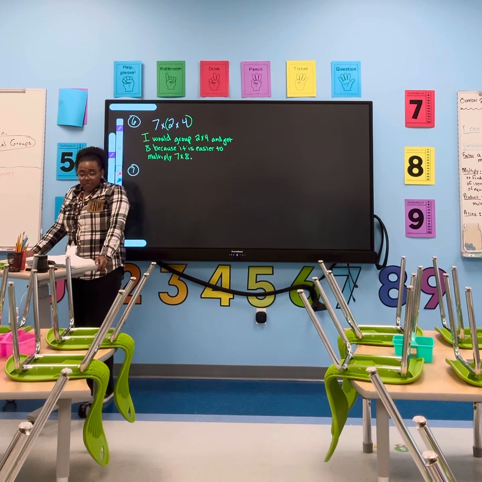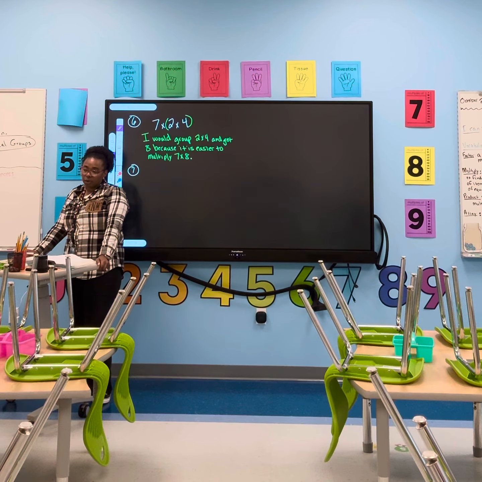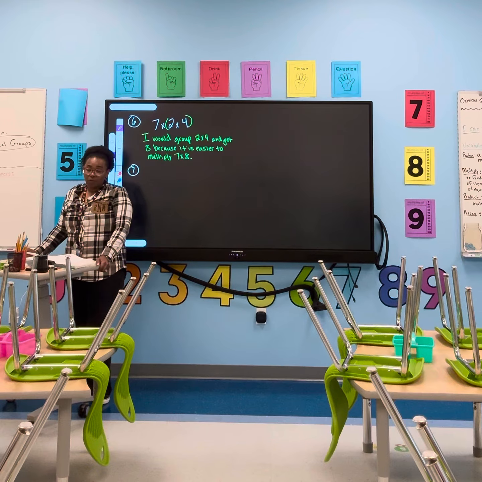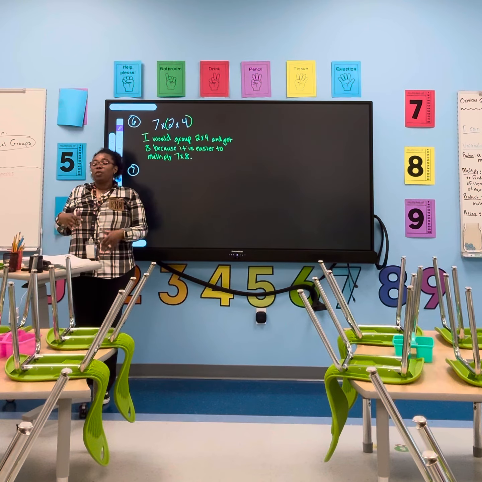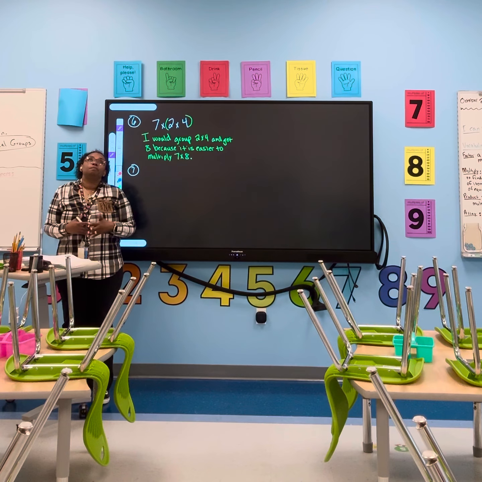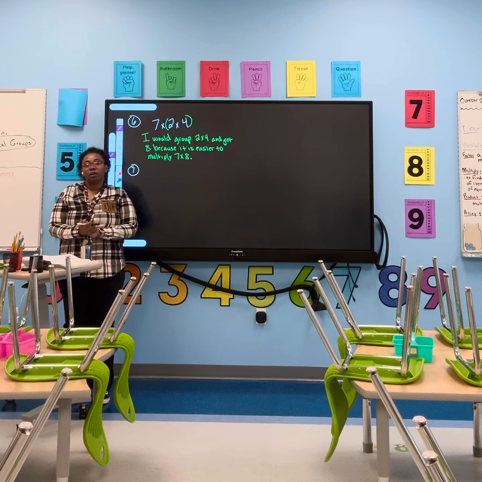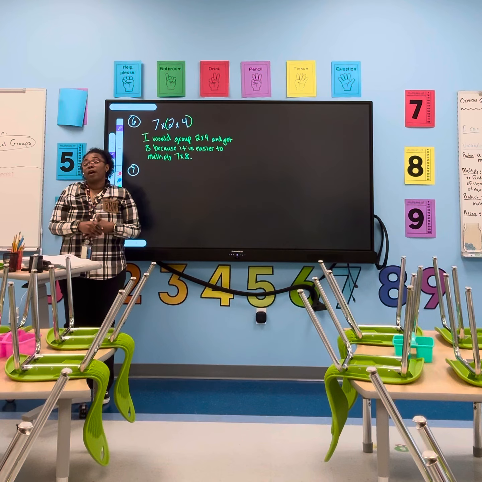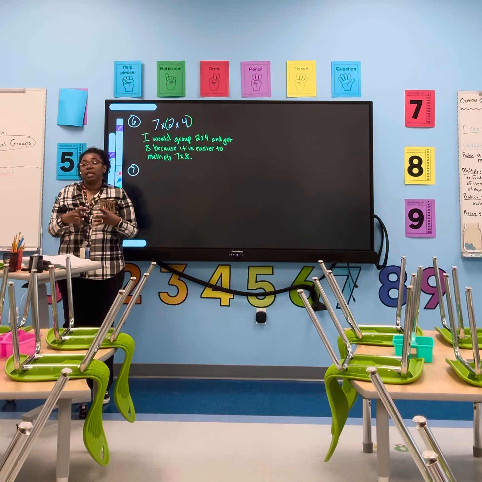So then it says, explain how Claire could have grouped the numbers to multiply. Show the steps she used to find her answer. So they want to know what's another way that Claire could group that. She grouped 5 and 3 together and got 15.